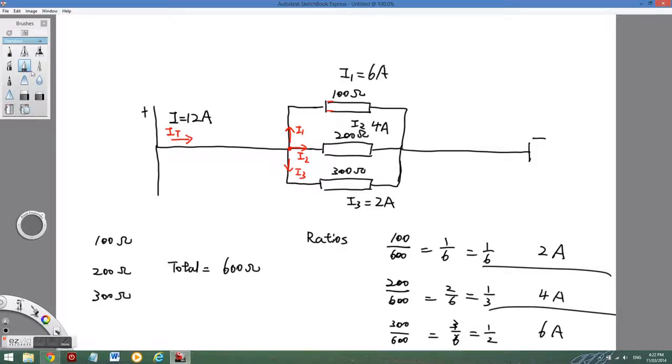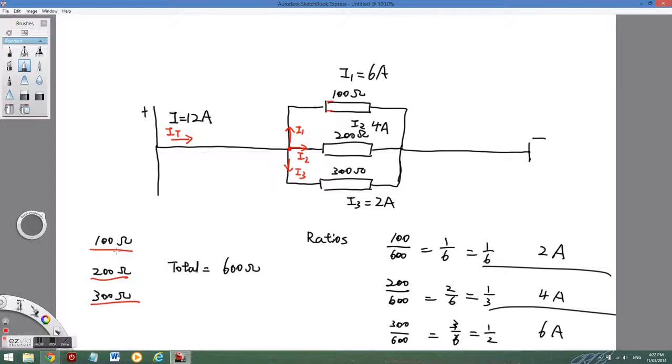To make it clear, more current will split into a resistor with low resistance.